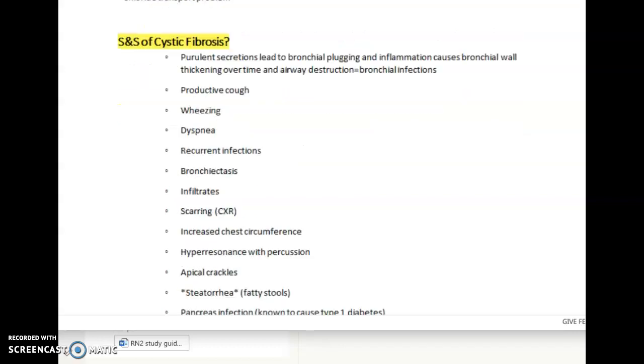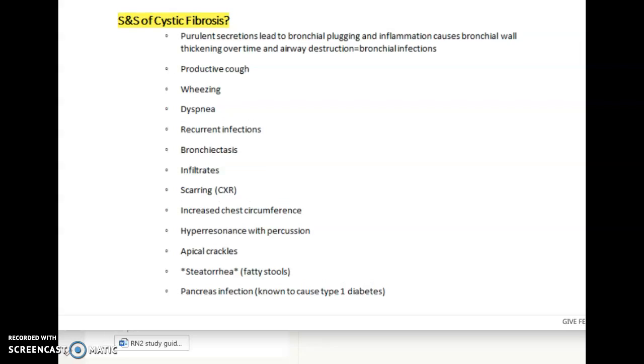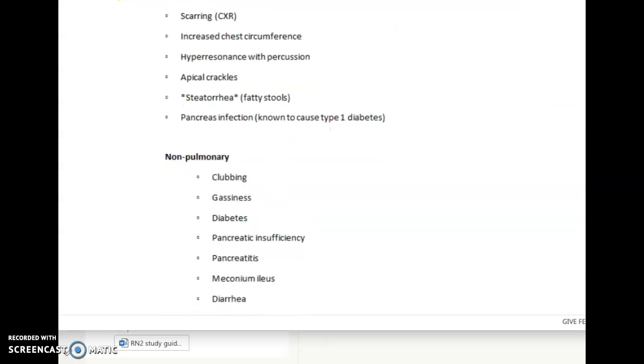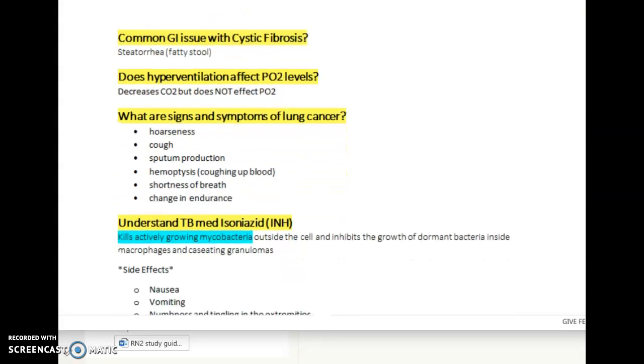Signs and symptoms of cystic fibrosis: purulent secretions, productive cough, wheezing, dyspnea, recurrent infections, bronchiectasis, infiltrates, scarring, increased chest circumference, apical crackles, steatorrhea, which is fatty stools, and pancreatic insufficiency, which can lead to diabetes.